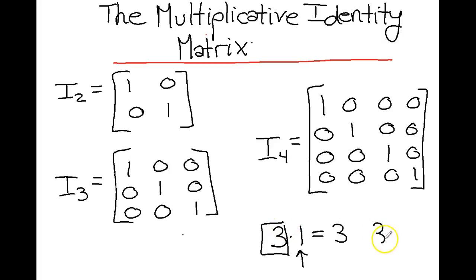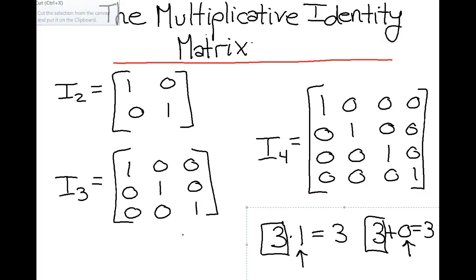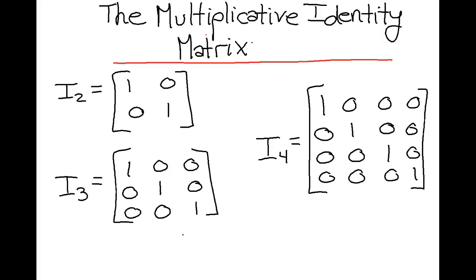Just like in addition, our additive identity is the number 0, because when we add the 0, it doesn't change the 3. Here, when we multiply by 1, it doesn't change the value of 3, and therefore we call that the identity. So in matrix multiplication, we also have a multiplicative identity and an additive identity.